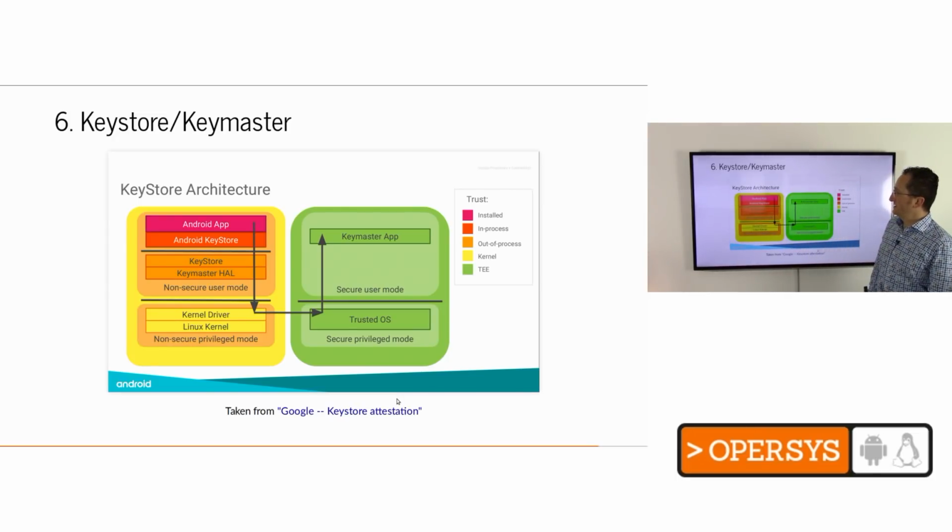Keystore and keymaster. If you are securely storing keys in Android, you're talking to the keystore. The keystore system service or component or daemon is going to use the keymaster HAL to talk to a keymaster application running on the trusted operating system in secure mode. All right.